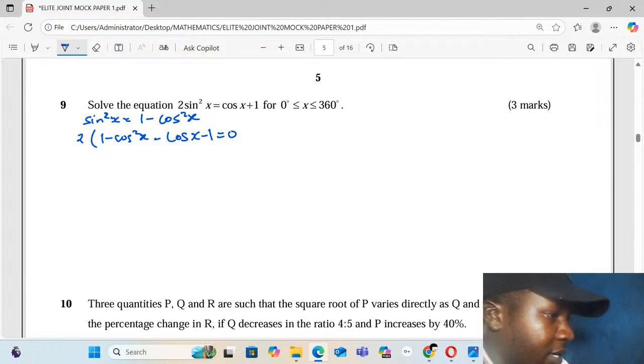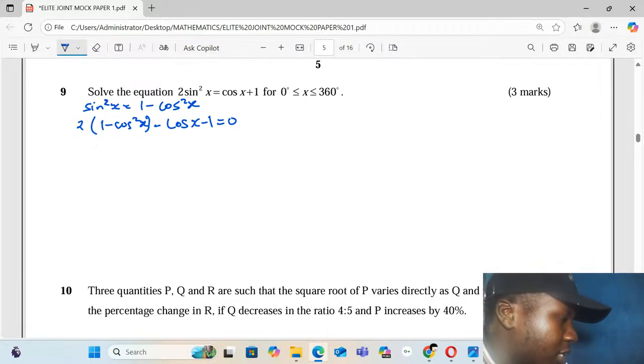So we've replaced so that we have cos everywhere. So the sin has disappeared.